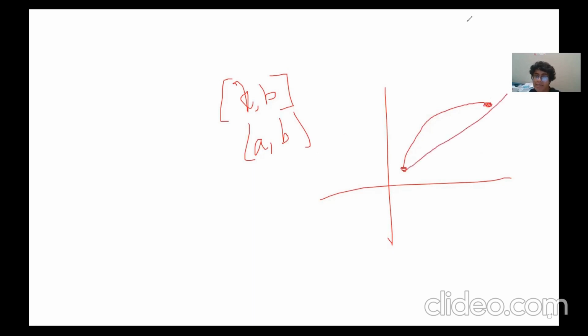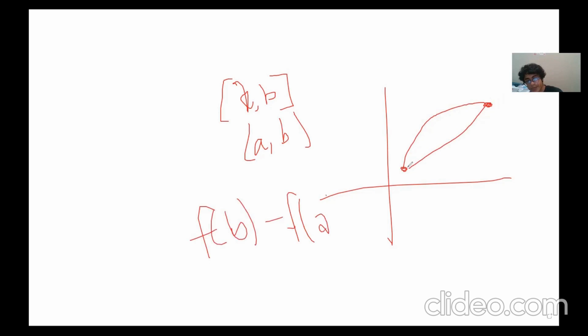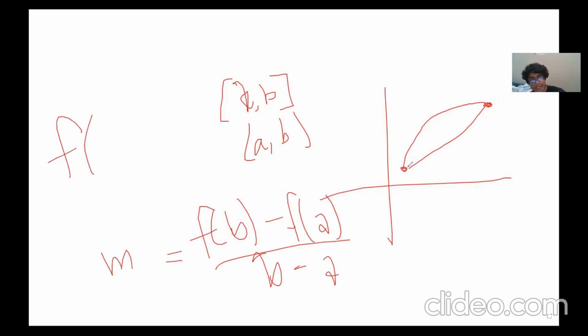The slope of the secant line, so f of B minus f of A over B minus A, produces a slope such that some f prime of C is going to have this slope. So some point on this function is going to have a derivative with the same slope. It has a tangent line that is parallel.